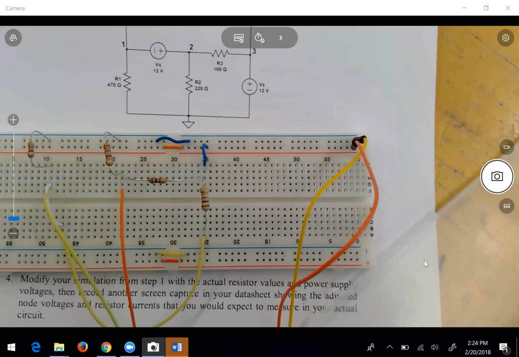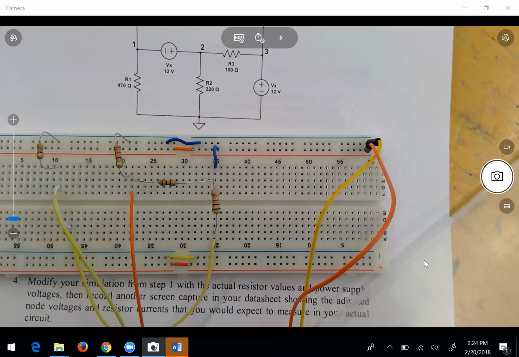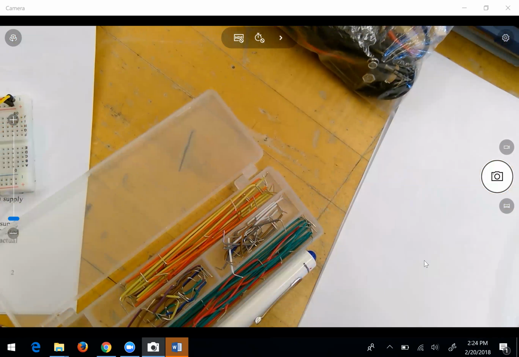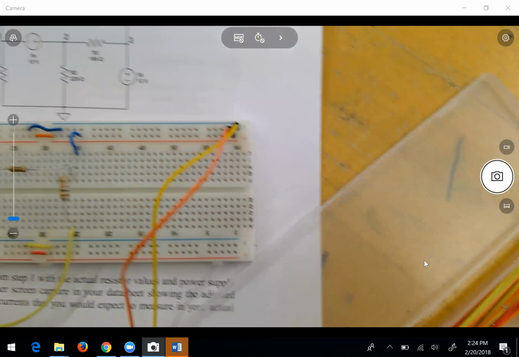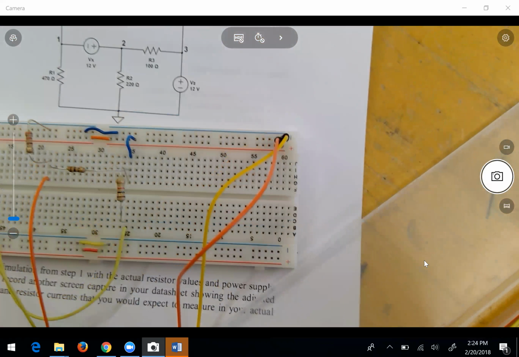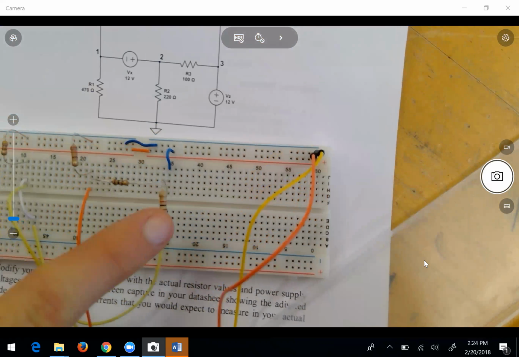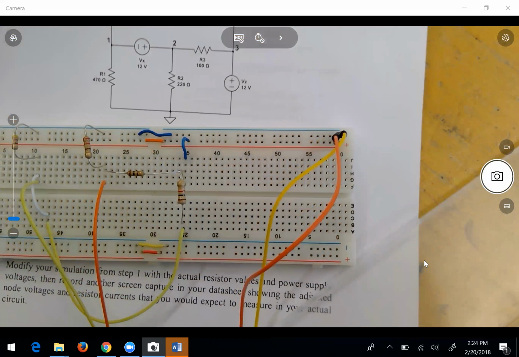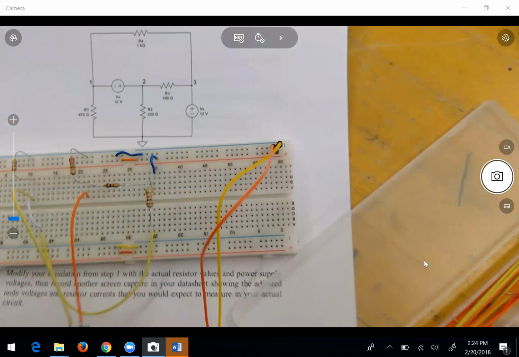Node 1, 2, 3, and then R4 instead of on top, we have it on bottom, going from V1 to here, looping around, and then that's R4 up to V3. And then we made the negative right here the reference node. And this is VZ, and this is VX.